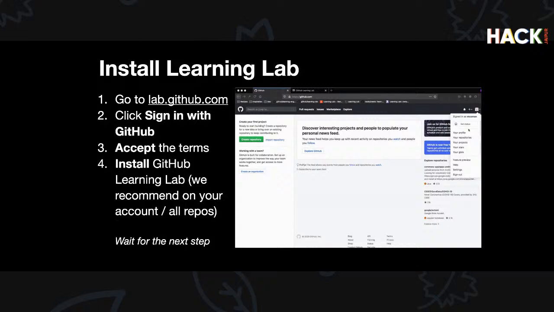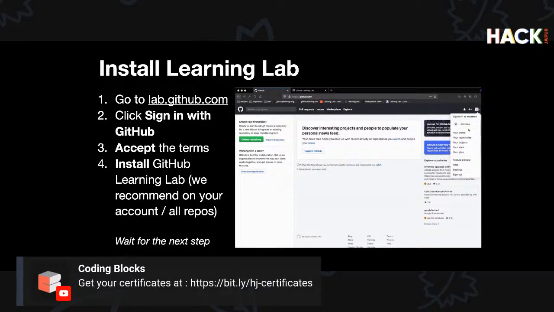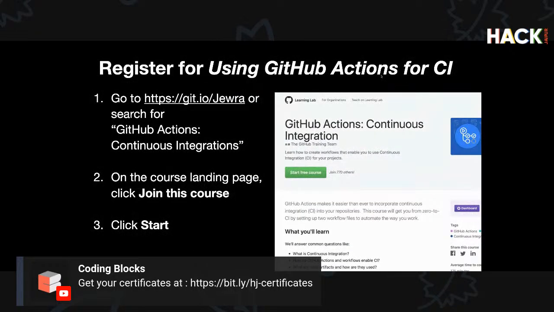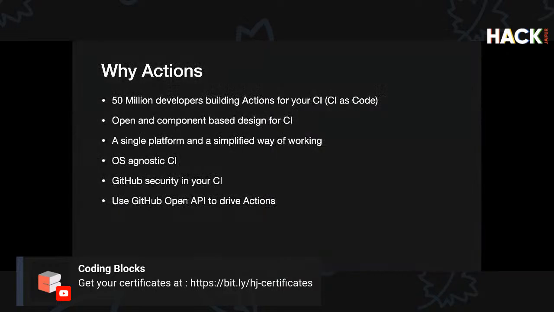You could sign in with your github.com handle, and from there, you would be able to register and look for the course called GitHub Actions Continuous Integration. So this is basically a bot-led learning. You will be able to follow step by step the demonstration that I have given to you folks at your own pace, right?